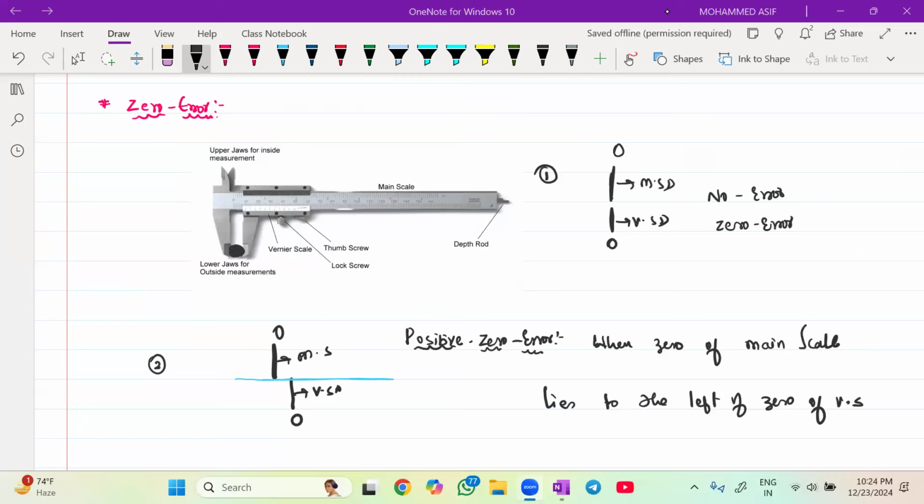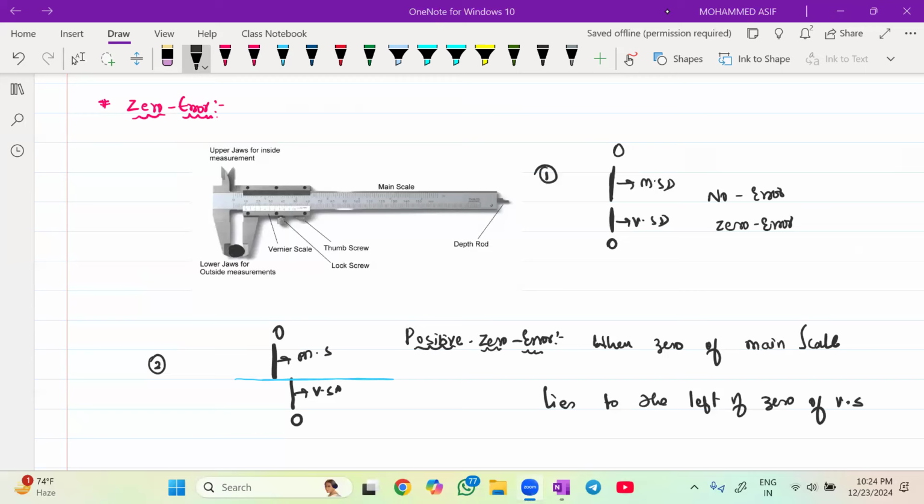This is a 0 of Vernier scale. Then if I'm writing the readings here, this is the 0, this is 1, this is 2, and this one is 3. The next one is 4, this one is 5, this one is 6, 7, 8, 9, something like this. Are you able to see the diagram very clearly?